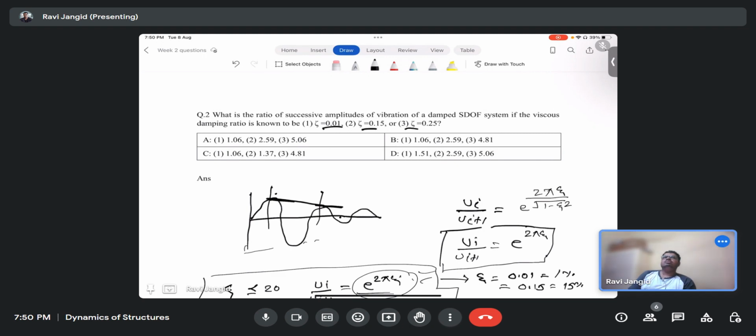But I remember for the triangular shape it should be ml by 2, or ml square by 2. Confirm it, I am not sure. Don't rely on this as the final answer.